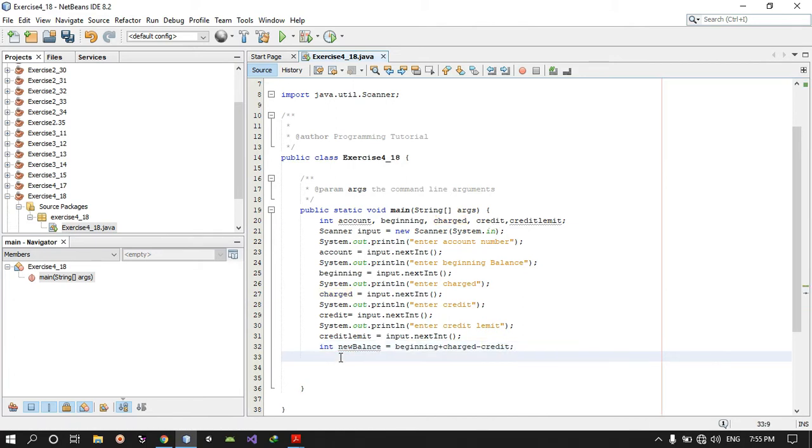Now we have this value. So now let's check if the balance exceeds our credit limits.